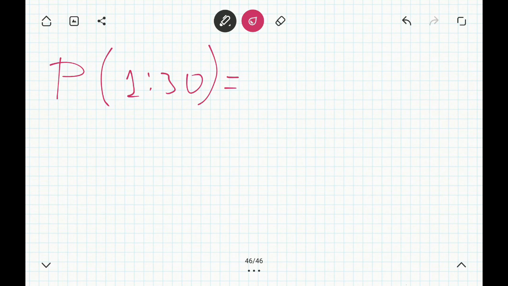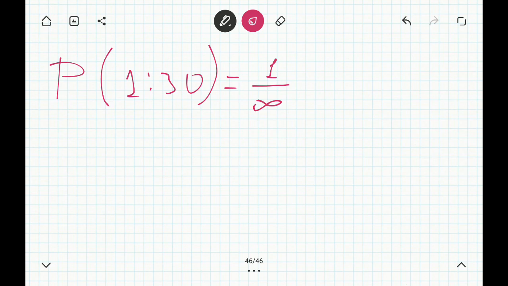So number of favorable outcomes is 1. And total number, as we already said, is infinity. And we cannot calculate that. Infinity is not a number. You can't divide by infinity.